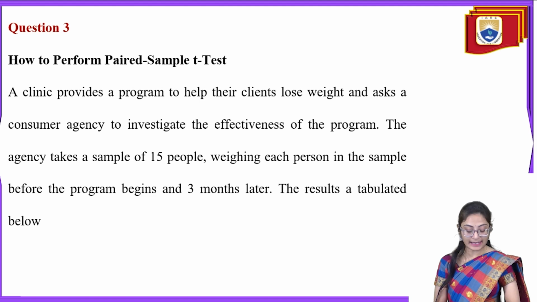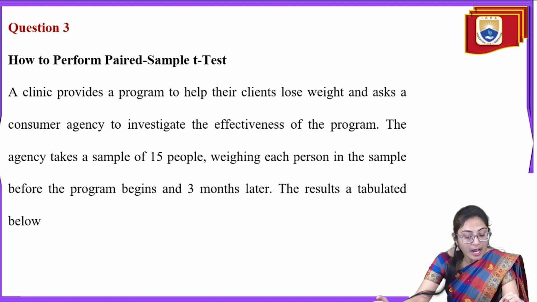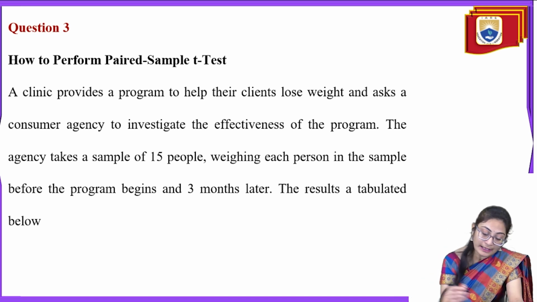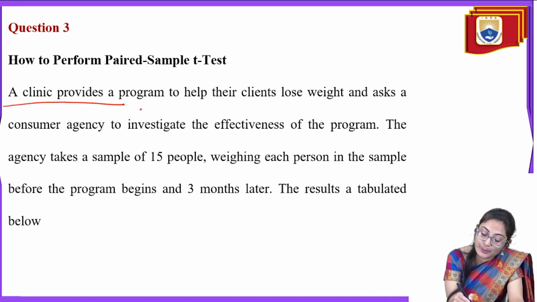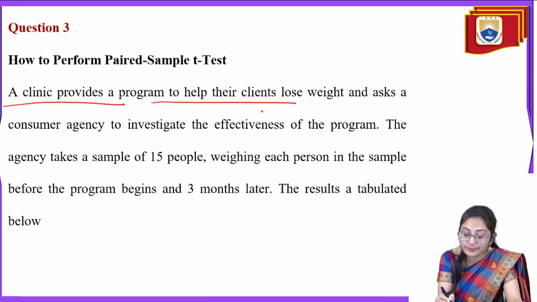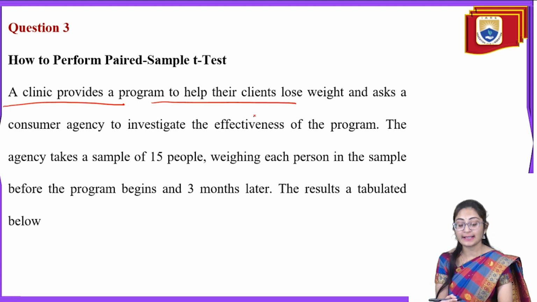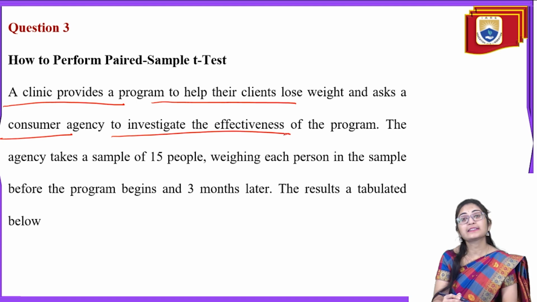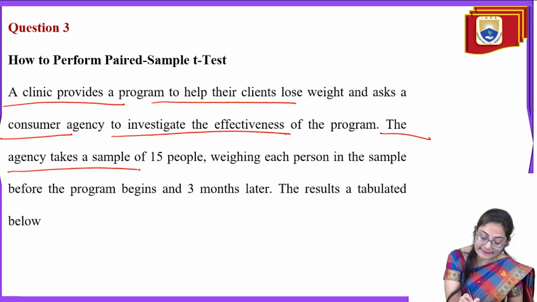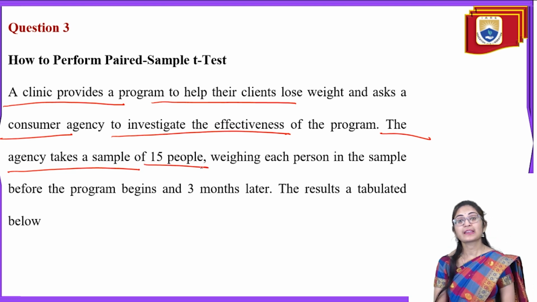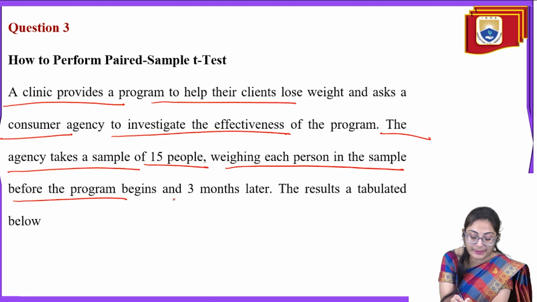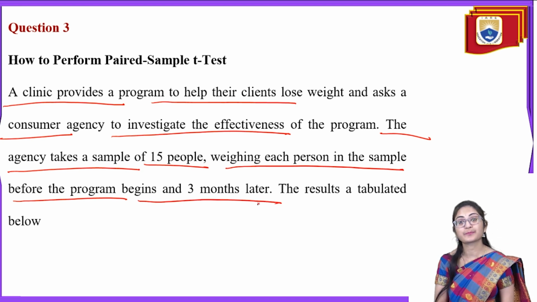Now question 3 is how to perform a paired sample t-test. A clinic provides a program to help their clients lose weight and asks a consumer agency to investigate the effectiveness of the program. The agency takes a sample of 15 people, weighing each person in the sample before the program begins and 3 months later.